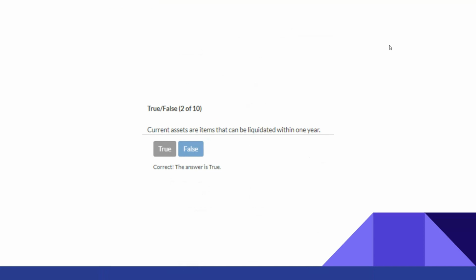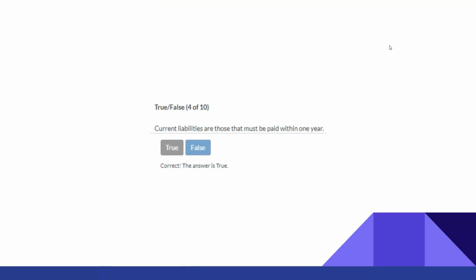The correct answer is true. Non-current assets are assets on which payments are in arrears. True or false? The correct answer is false.